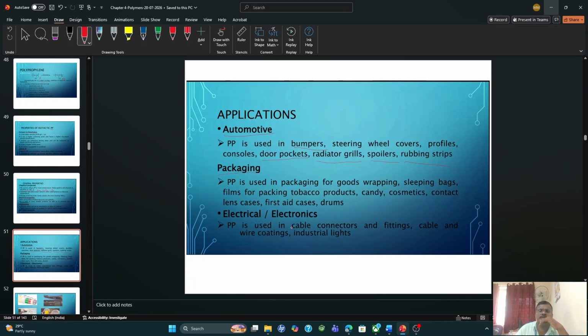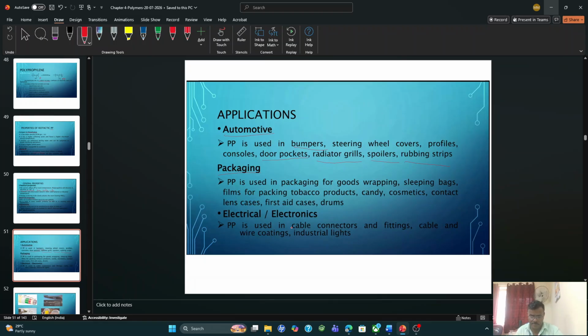Okay, packaging. Polypropylene is used in packaging for goods, products, cosmetics, contact lenses, and first aid cases, drums.